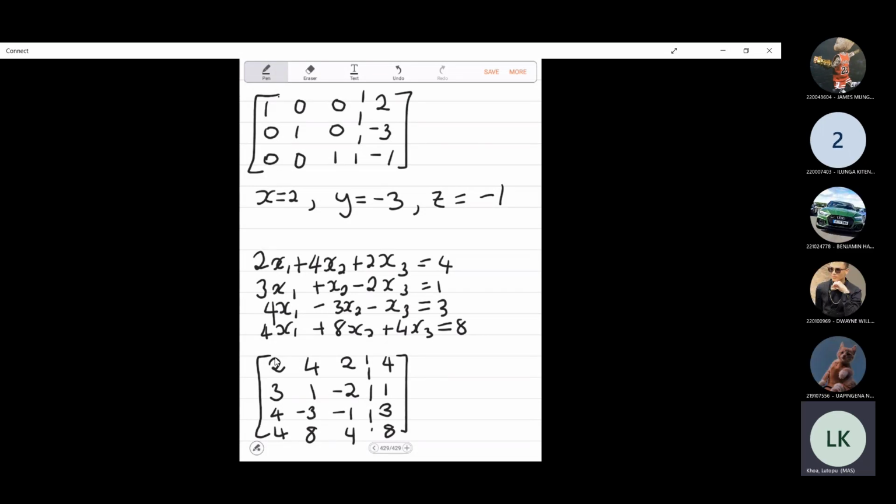So the goal is still to get a 1, 0, 0, 0, 1, 0, 0, 0, 1 here, and then we'll see what happens in the last row. We can start by making this a 1. That's simple enough. We can divide the entire row by 2.